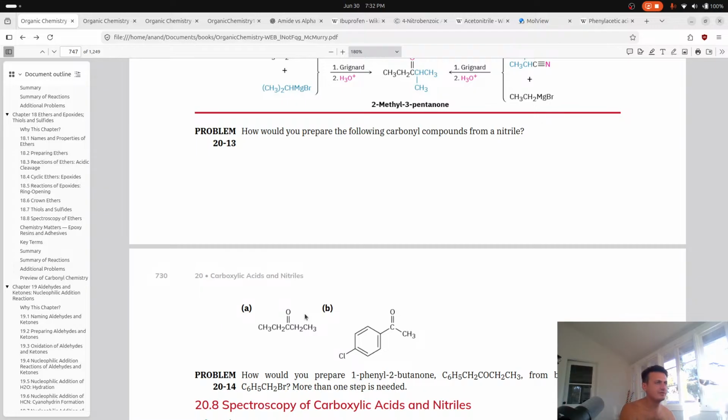Okay, how would you prepare the following carbonyl compounds from nitriles? Okay, pentan-3-one.